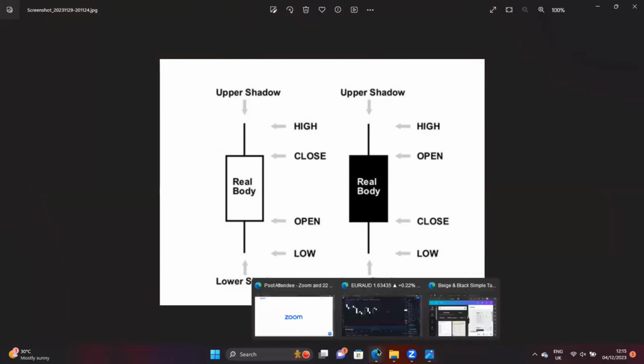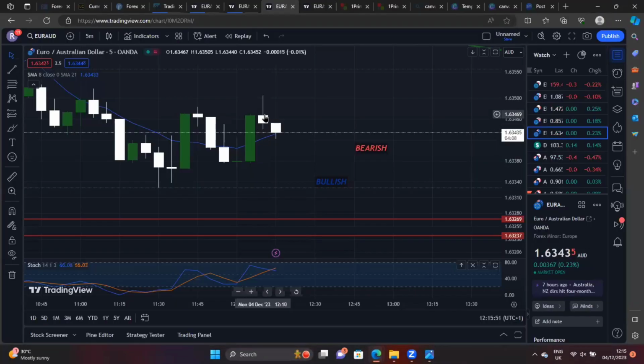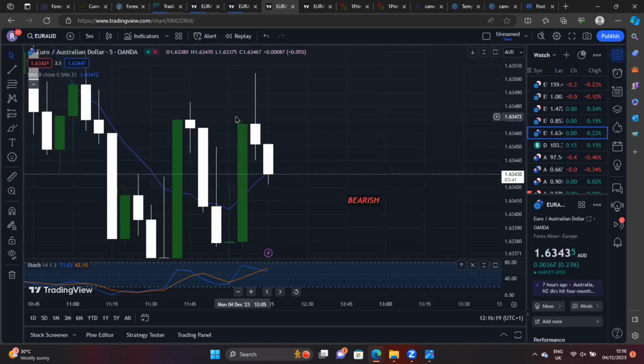If you go back to this chart, you find that this candle that closed recorded a high, recorded a low, and then the real body. The fact that this candle opened above and closed below is what makes it a bearish candle. On the other hand, for this other candlestick that opened below and closed above, you can also see little shadows, that is the high and the low.